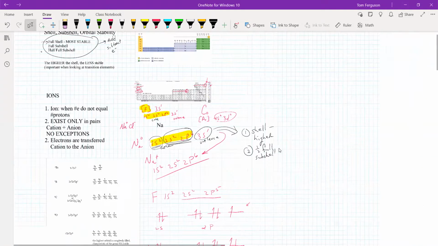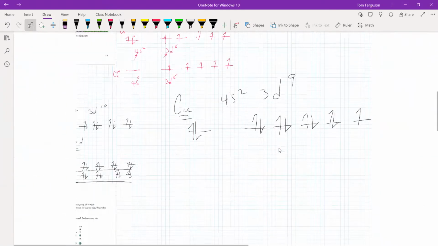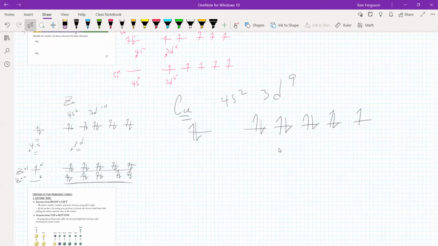Okay. What copper does, it's kind of tricky. What copper does is it takes one of these s electrons and moves it over here.